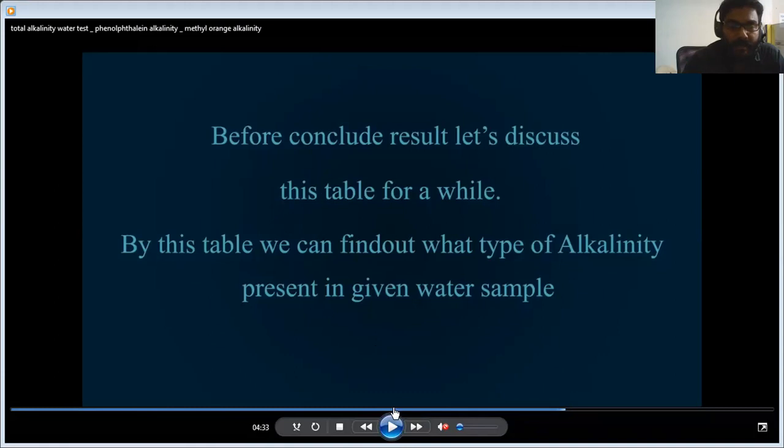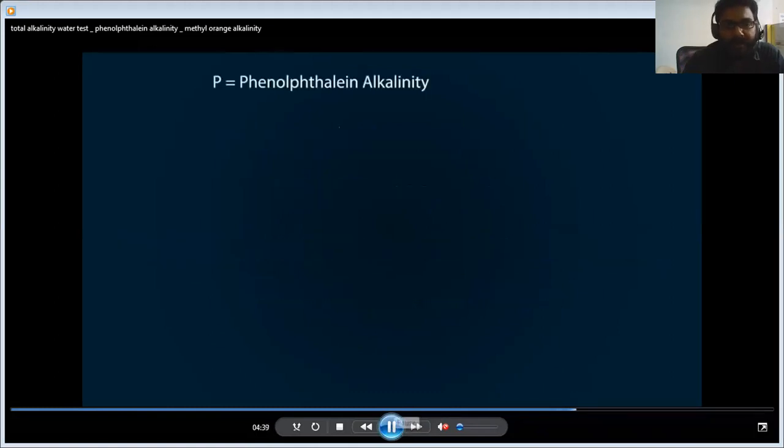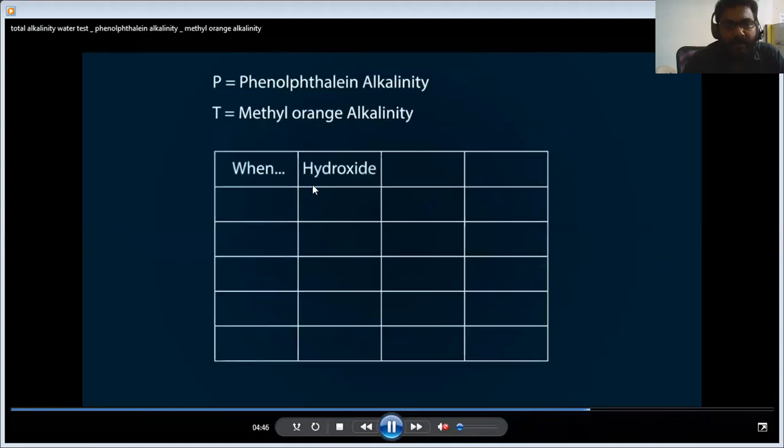This is called alkalinity. Why is alkalinity present in water? What is the reason behind more alkalinity in water? The main reason is hydroxide, carbonates, bicarbonates. These three are very important for alkalinity.